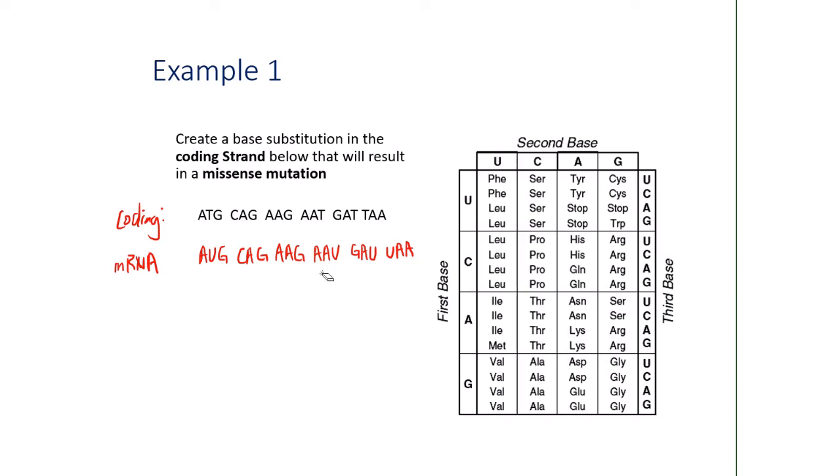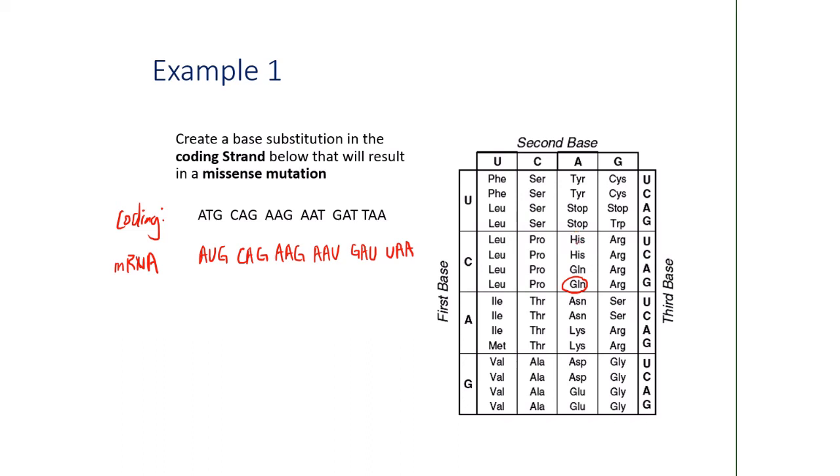So we can just pick any of these codons, right? So let's pick CAG. Let's see. So CAG is going to code for GLN. Okay, so I want to change it so that it's going to code for something else. Okay, so let's say I wanted to code for HIS instead, right?